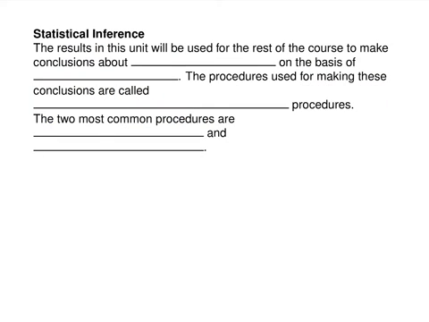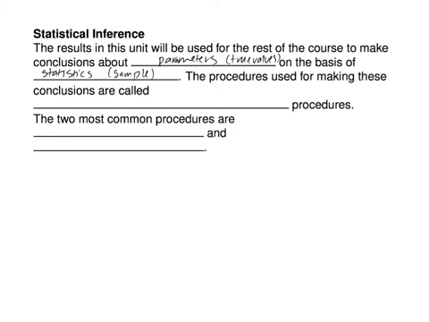Now, the results in this unit are going to be used for the rest of the course, and they make conclusions about parameters on the basis of the estimates of those parameters, which are statistics. So you can think about parameters as true values based on what you see in a sample.